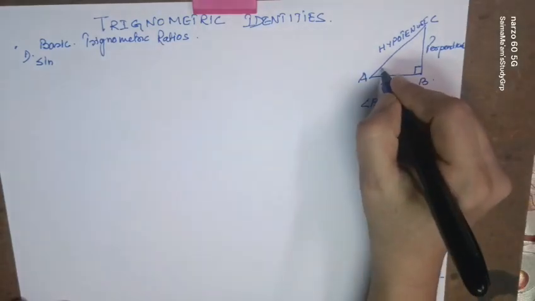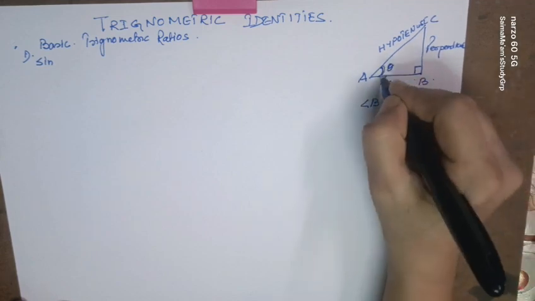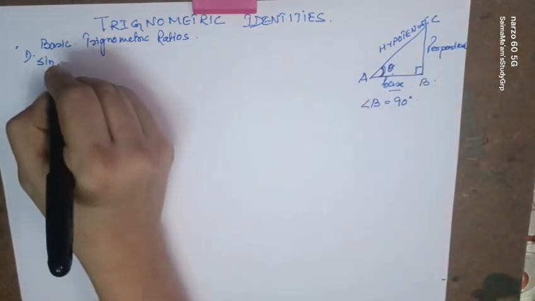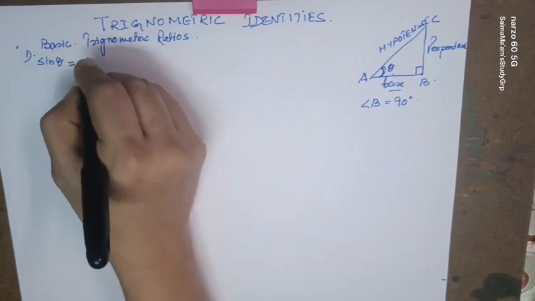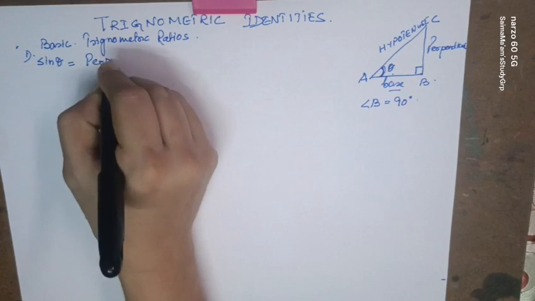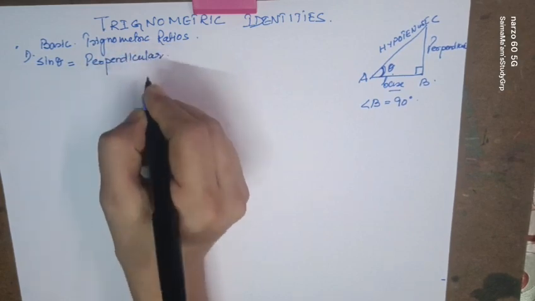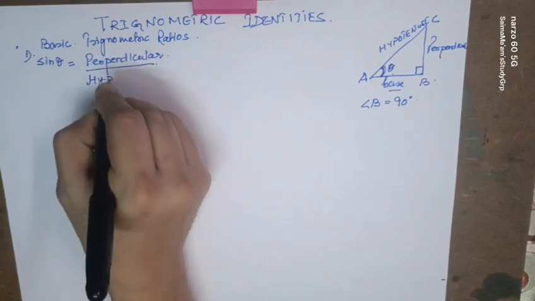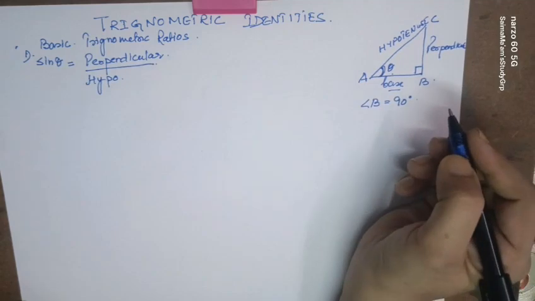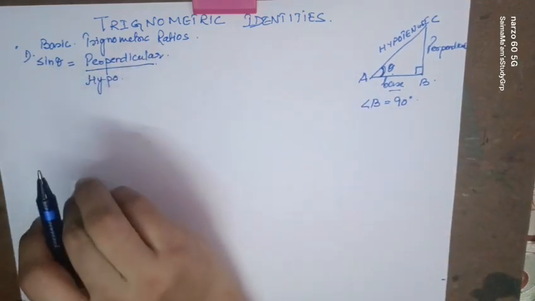Now if I assume this angle A to be theta, then sine theta should be perpendicular divided by hypotenuse. Okay. So sine theta is perpendicular by hypotenuse.